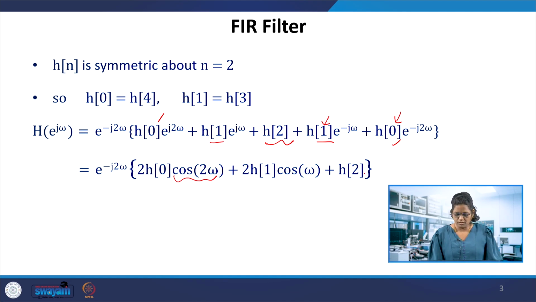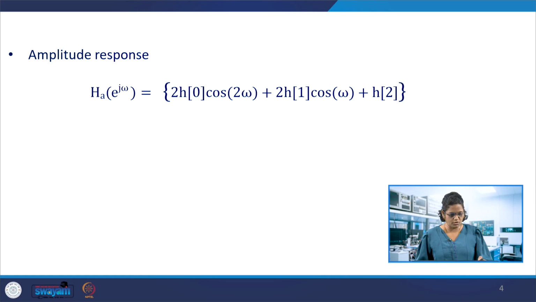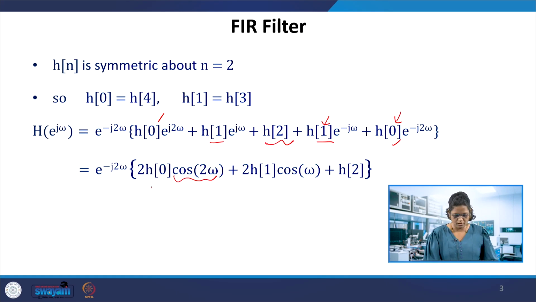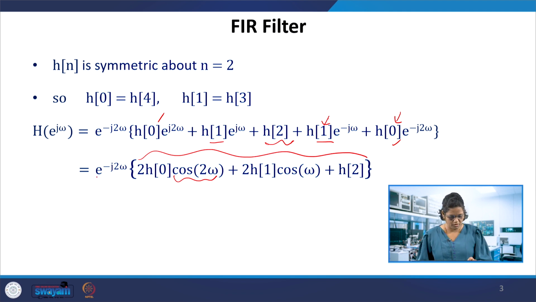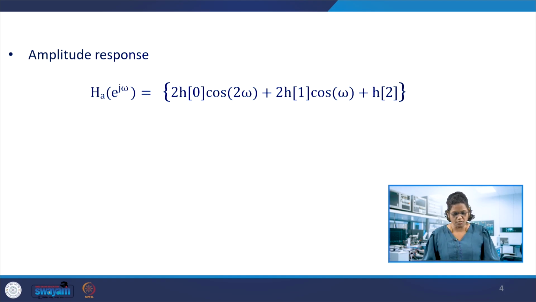So when we have this type of characteristics, we solve for the amplitude response, and this would result in the amplitude response, and this would result in the phase response. So if we take the amplitude, we have H of e power j omega, in which the amplitude is 2 h of 0 cos 2 omega, 2 h1 cos omega plus h of 2.